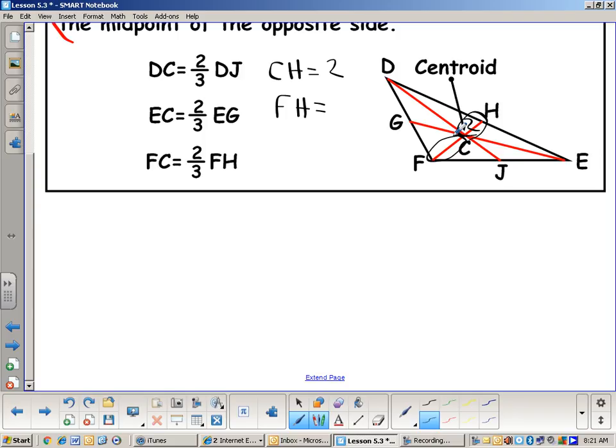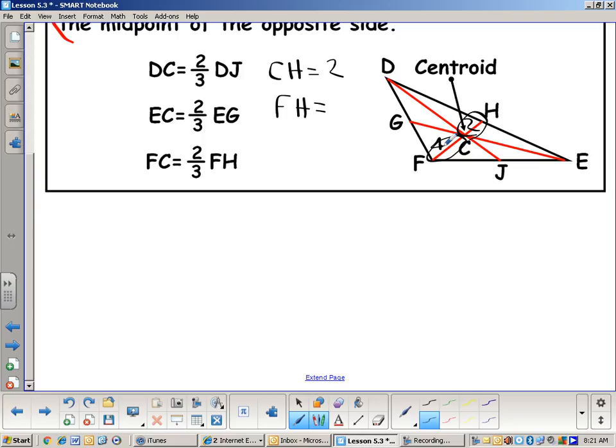If I don't know how long the 1/3 chunk is, just comparing the two segments. If comparing 1/3 and 2/3 together. So compared to 1/3, how long is 2/3? 2 times as long, right? So if the short one is 2, then this is going to be 4, twice as long, right?